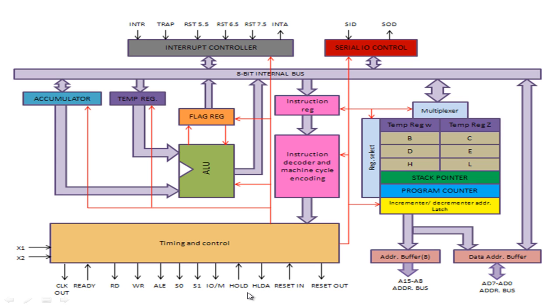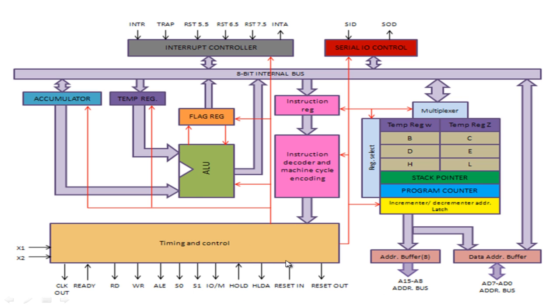Sometimes when we connect the 8085 to other peripherals, there is a signal which says that the 8085 should hold for some time, and then the hold acknowledgement signal is used to indicate that the 8085 has received the hold signal. And then there are reset in and reset out.